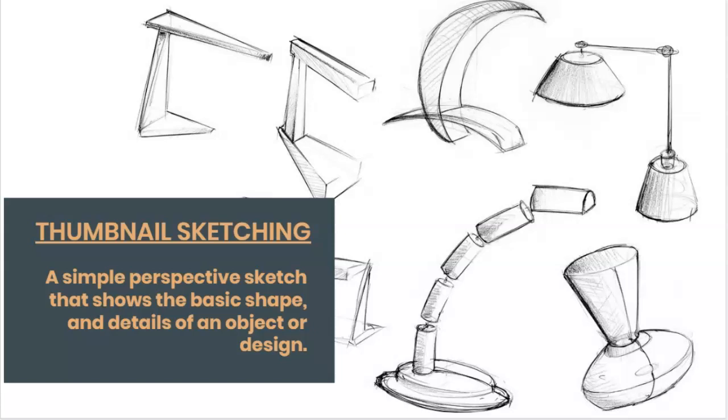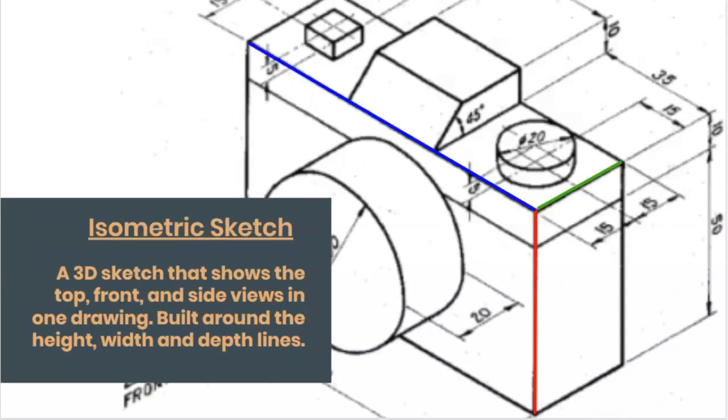Once you have created a thumbnail sketch and you're pretty sure of how you want to design something, you then can generate an isometric sketch, which is a 3D sketch that shows the top, front, and right side views in one drawing. It's built around the height, width, and depth lines, and an isometric sketch may contain dimensions.